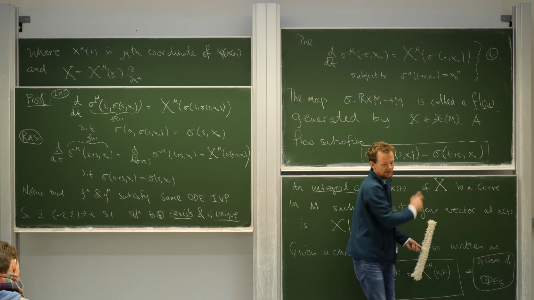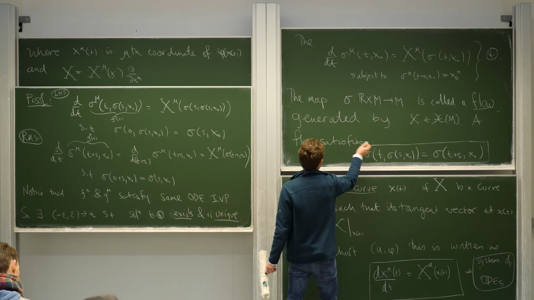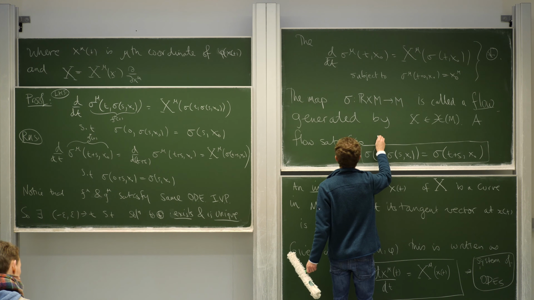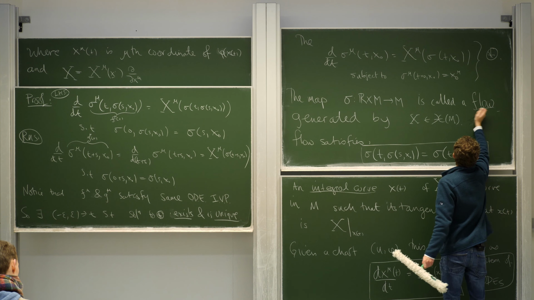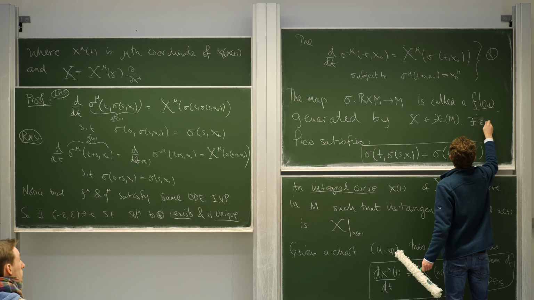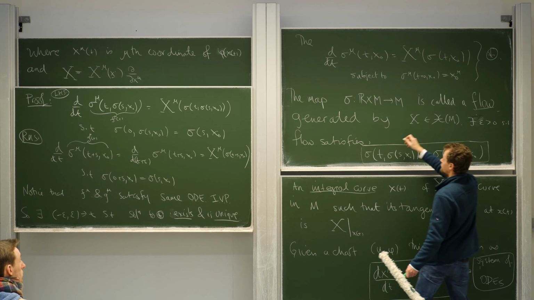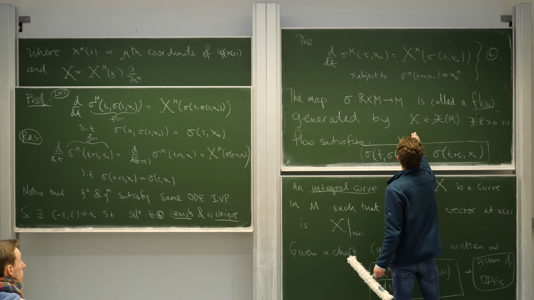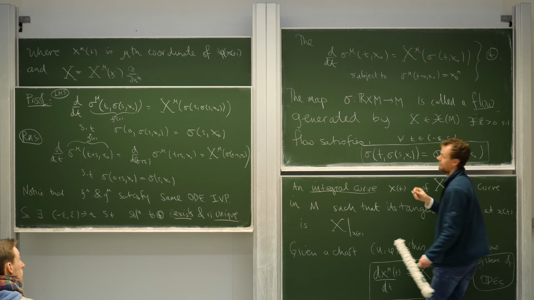So I didn't put the domain of time around which this is actually a valid statement. So what I should have said is there exists epsilon bigger than 0 such that the flow satisfies this for all t in this open interval.